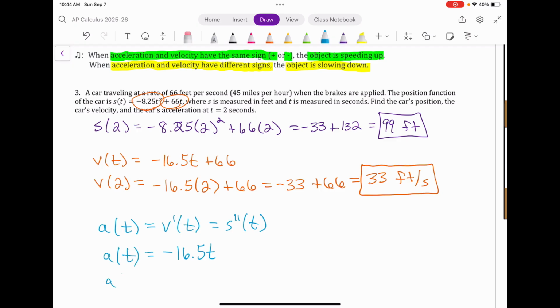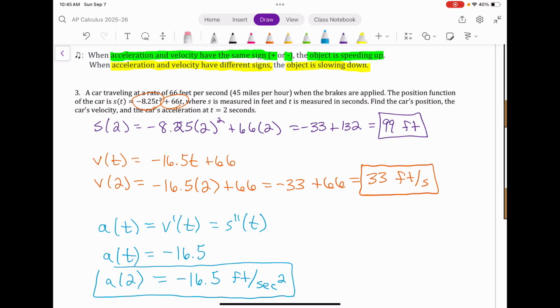And we want to find the acceleration at 2 seconds. Oh, my bad. There's no t there. So it's just negative 16.5 feet per second squared.